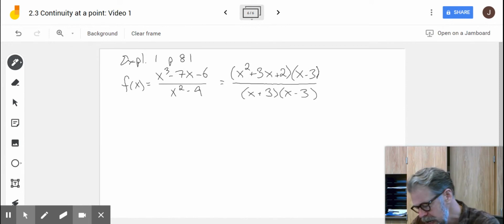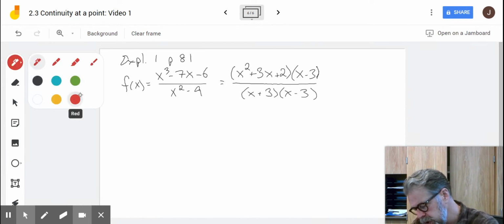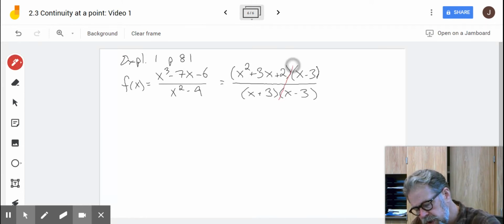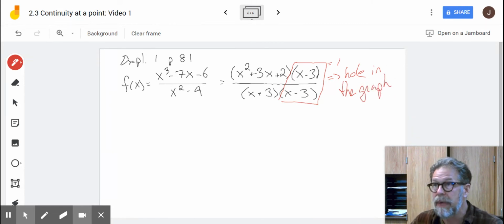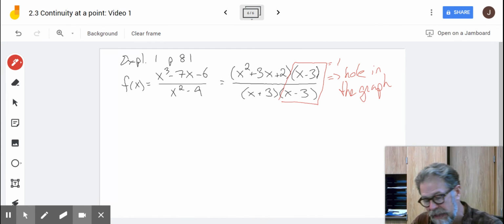A couple of things that we notice here. Thing one, this right here is equal to 1, and what it means is that there is a hole in the graph. This is something that you might have learned in pre-calc, but I think you probably didn't get that far.